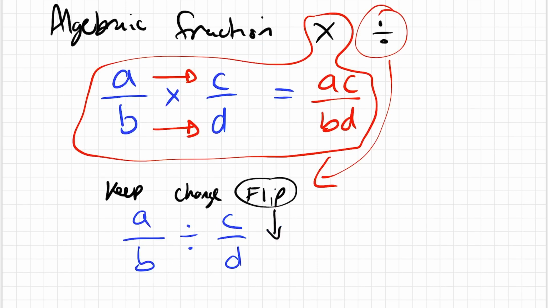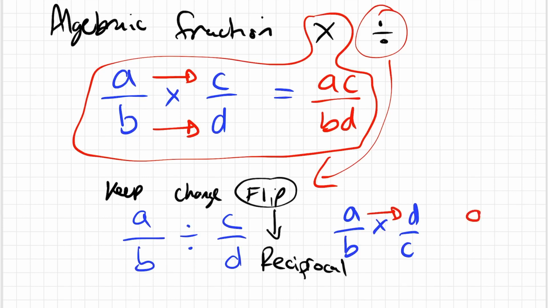So if you want a more sophisticated term, you would write reciprocal. So do a over b, and it will be multiplied by d over c, and then that takes us back to the first step, which is you just need to multiply the numerators and multiply the denominators. So let's just show that last step. I would multiply these numerators to give me ad, and then multiply the denominators to give me bc.